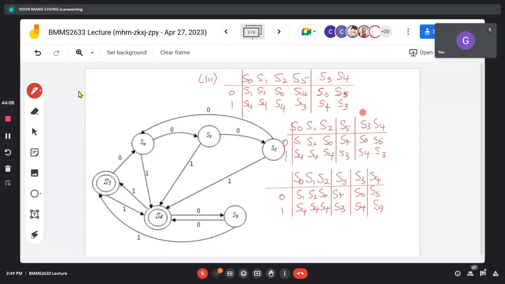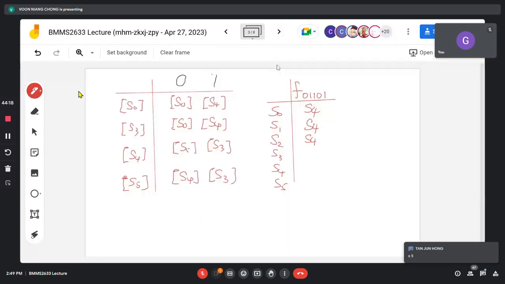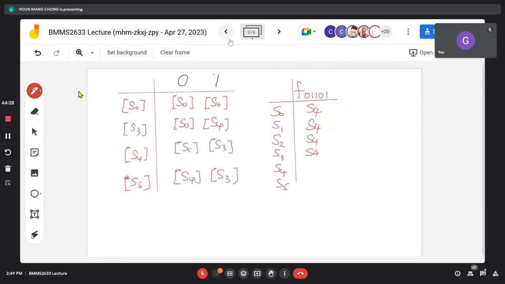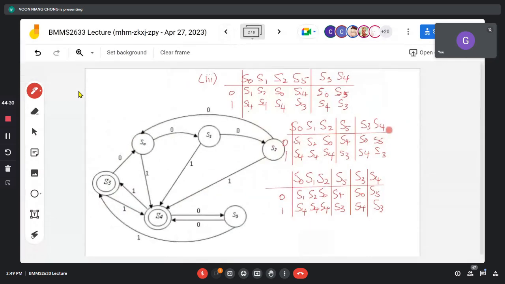S3, or start from S3. So we have 0, 1, 1, 0, 1. S4. S4, right? Try for S4 again. Start from S4 now.